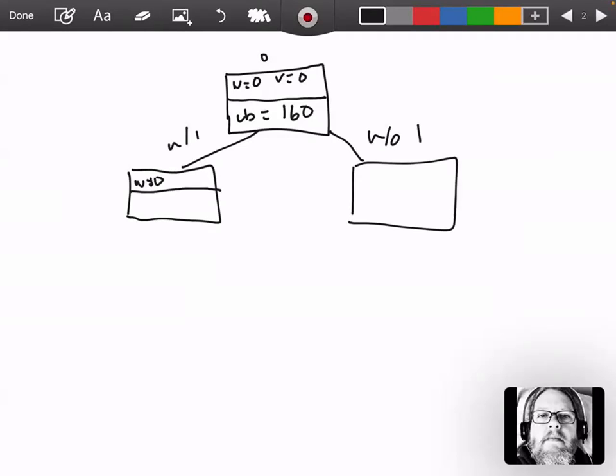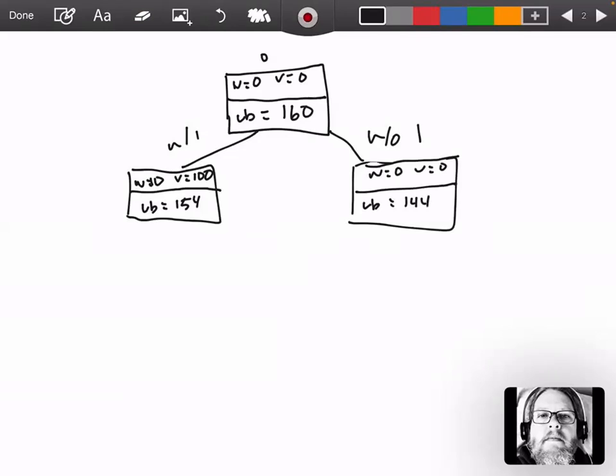That's the weight of 1. Our value is equal to 100. We do the UB formula, we get 154. Over here, we're still at W is equal to 0, V is equal to 0. But now, since we can't use that first item, we have our upper bound of 144.